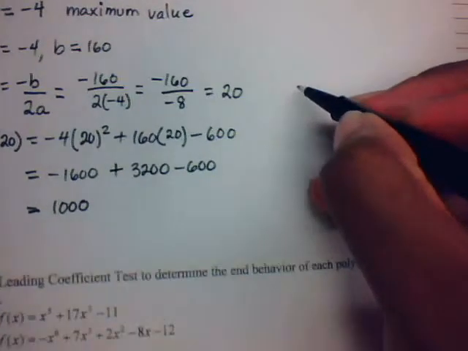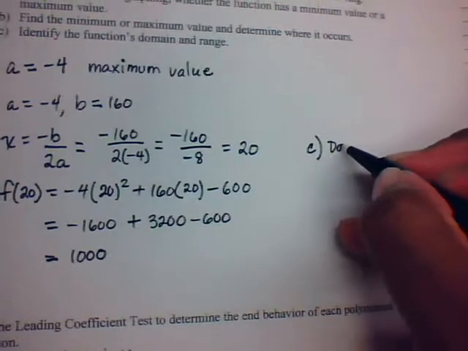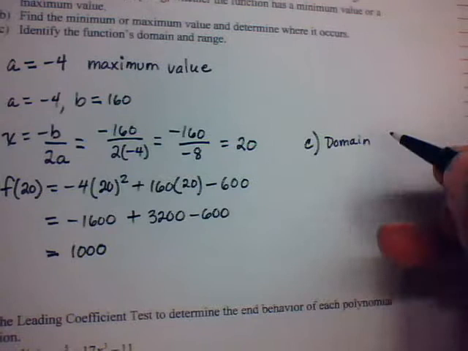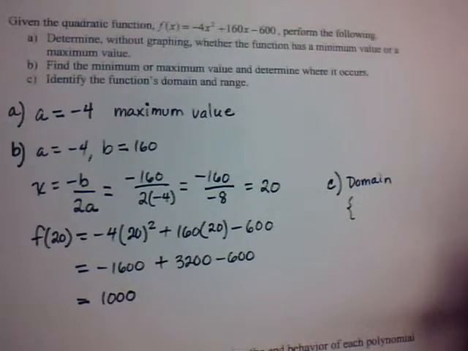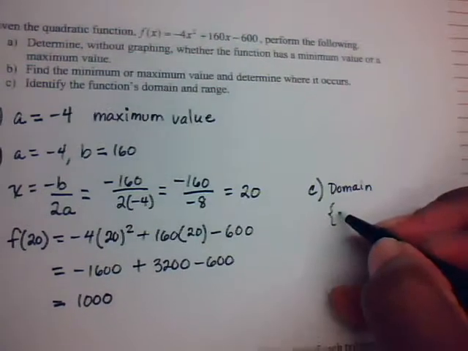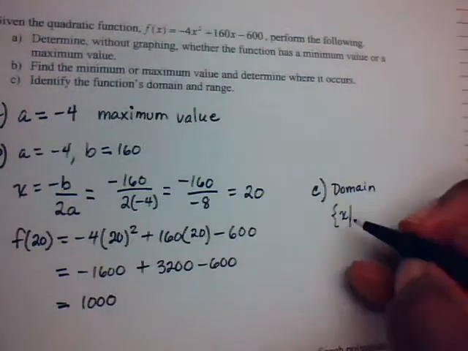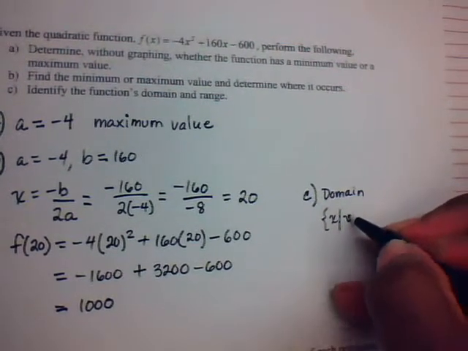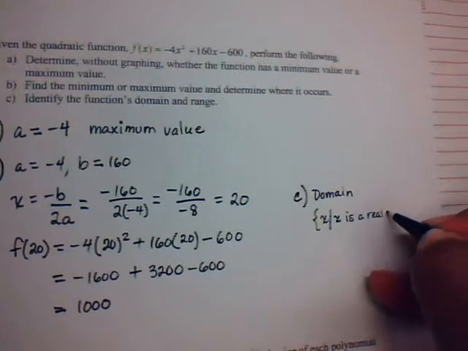Now part C is identifying the function's domain and range. Now the domain is going to be quite simple, because any value that you assign to x, you're always going to get an f of x value for it. So in this case here, it's going to be the set of all x such that x is a real number.